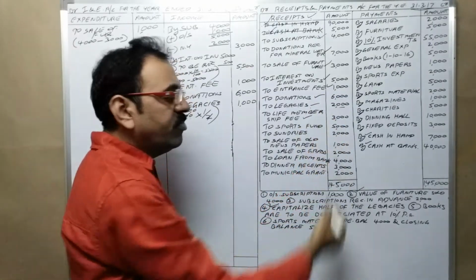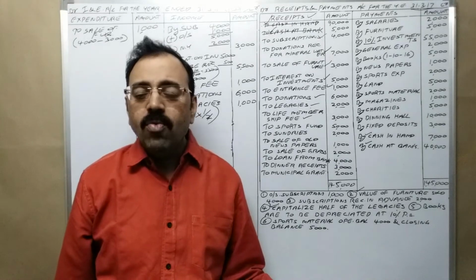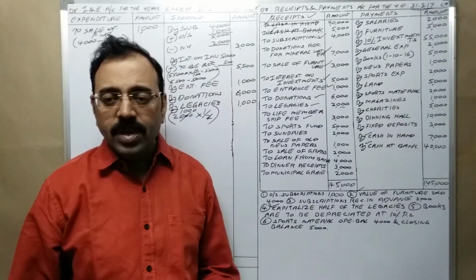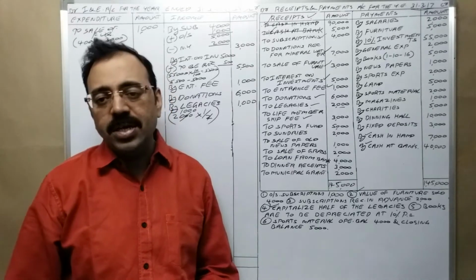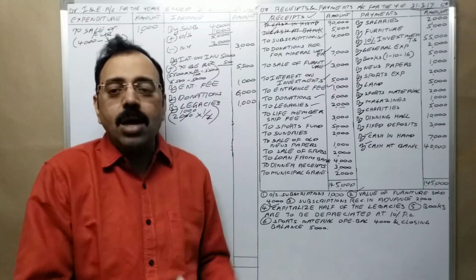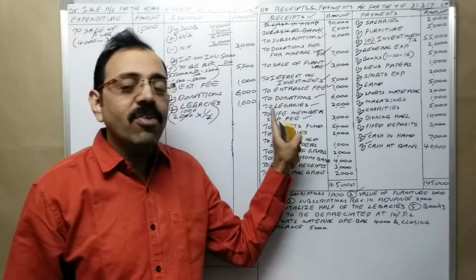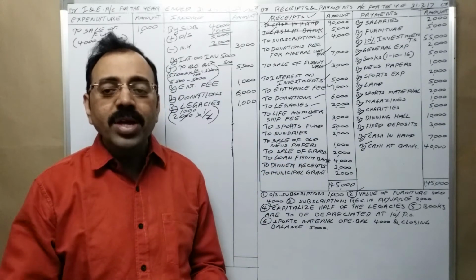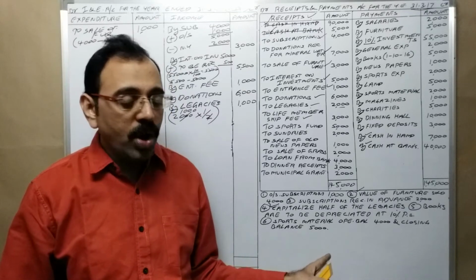Then the next item is life membership fees. If any member wants to continue the membership for a lifetime, if he doesn't want to pay subscriptions every year, and wants to pay the total subscription money as a lump sum, then that amount is called life membership fee. It is always capital income. But if he gives any instruction, we should follow that.